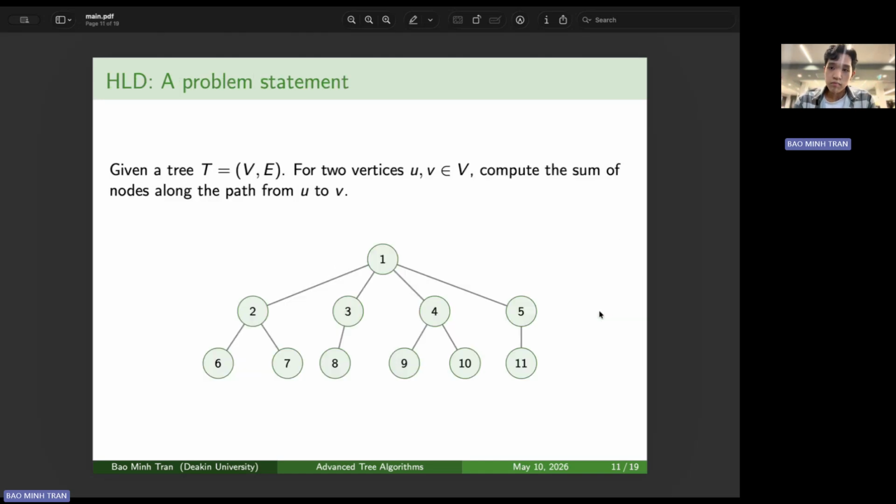So now we move on to another problem called HLD. It stands for heavy-light decomposition, a decomposition technique. You're probably familiar with heavy and light from the AVL tree, right? It's quite similar here. So now we'll give a problem.